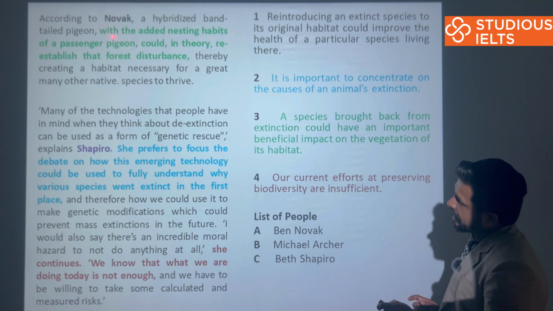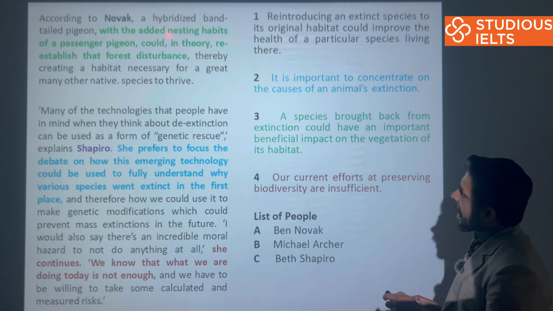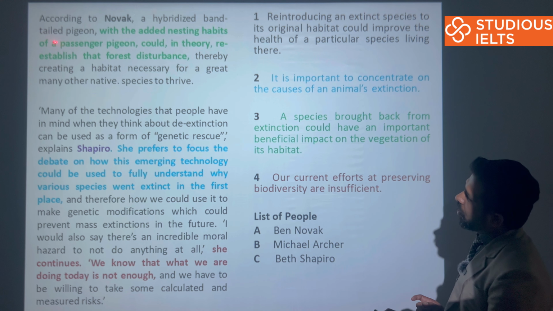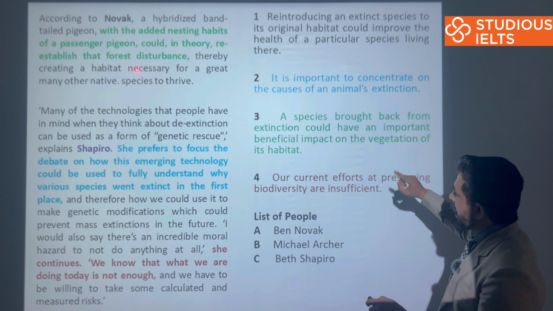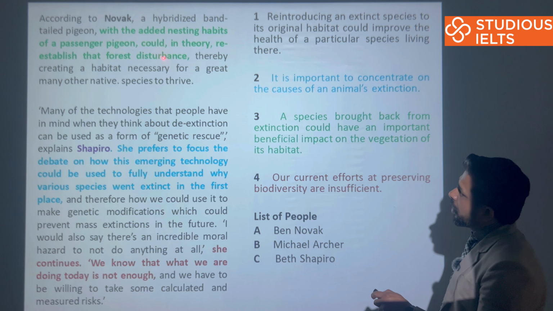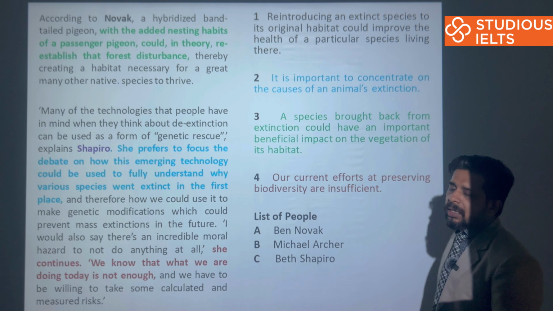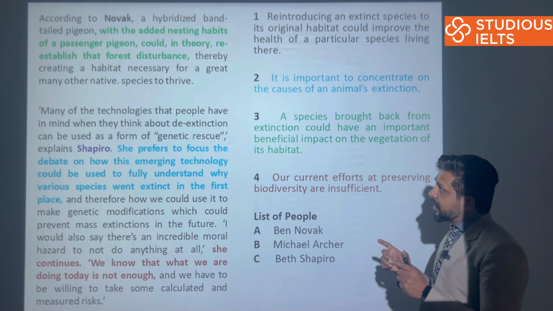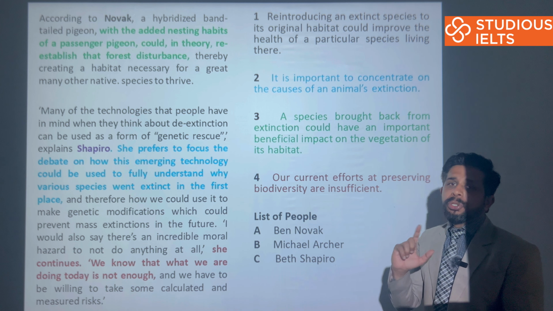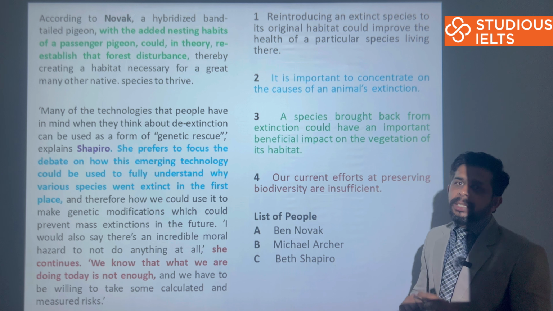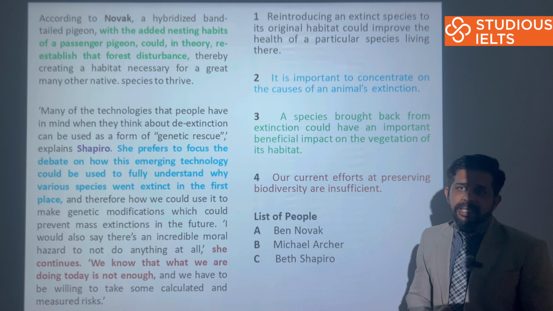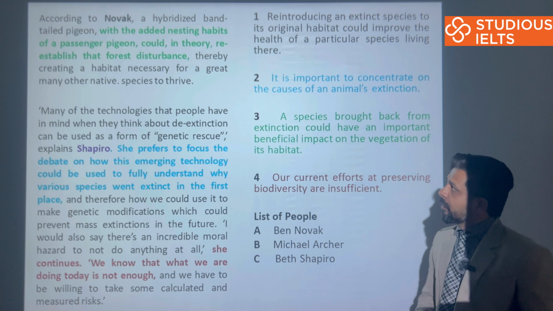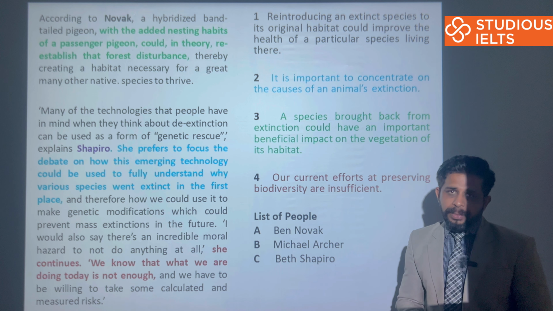In the corresponding text, it has been said that with the added nesting habits of a passenger pigeon, this is the species that has been talked about in the question, could in theory re-establish that forest disturbance. If this species is reintroduced, it will certainly have a positive impact on the establishment of forest, and it will eventually remove that forest disturbance.